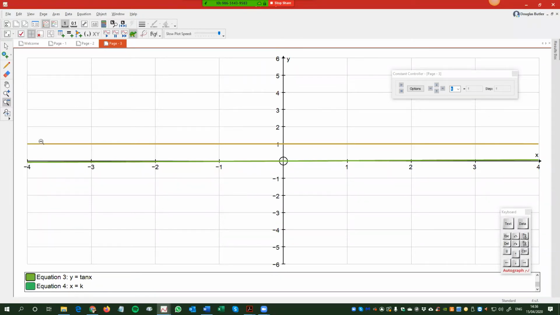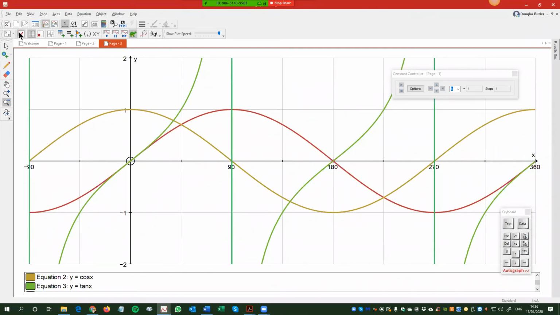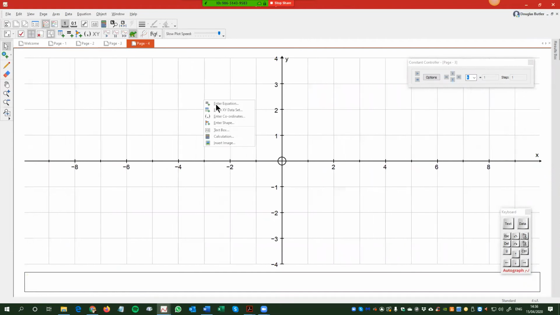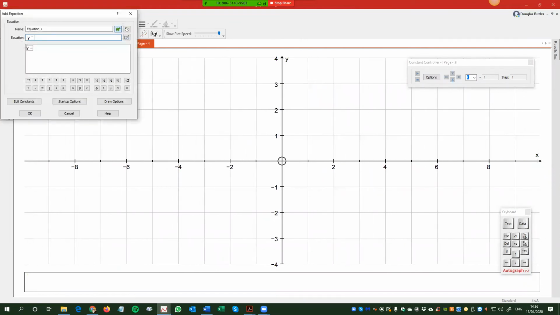So if I make that the current one, it should take us back to a trig function. That's better. Yes, y, because the last equation was x equals k. Now, the next thing to explore is how this curve gets transformed. So I'll start with a new page and put on y equals sine x.